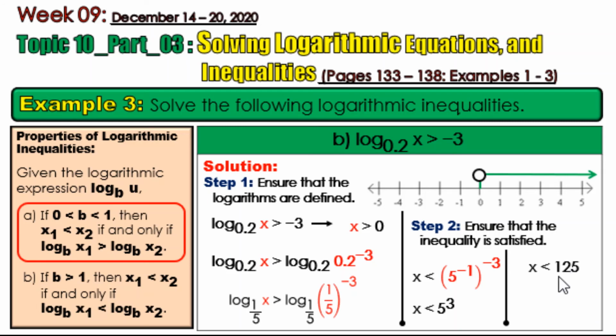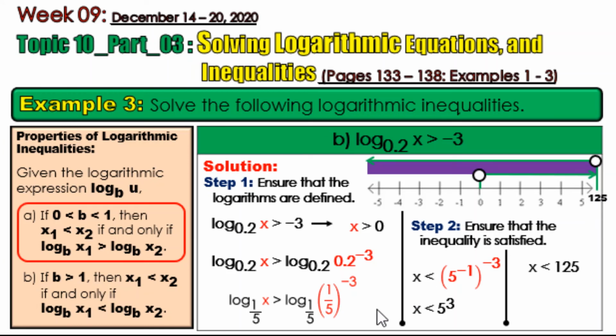So where can you find that in your number line? From here, we have 125 and less than. So this part: up to negative infinity, less than 125.